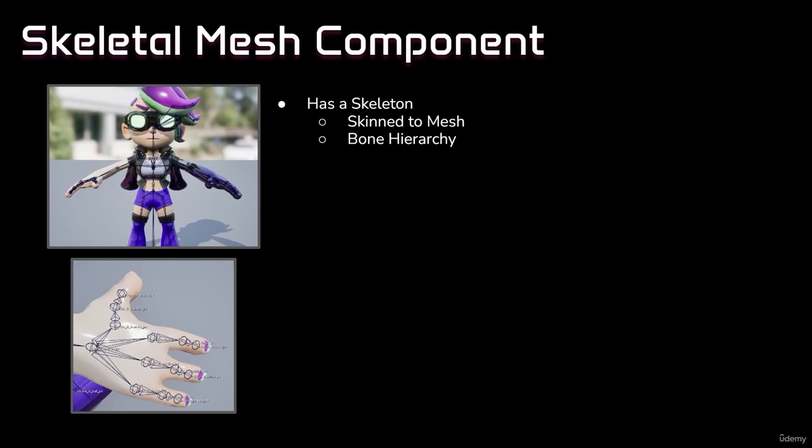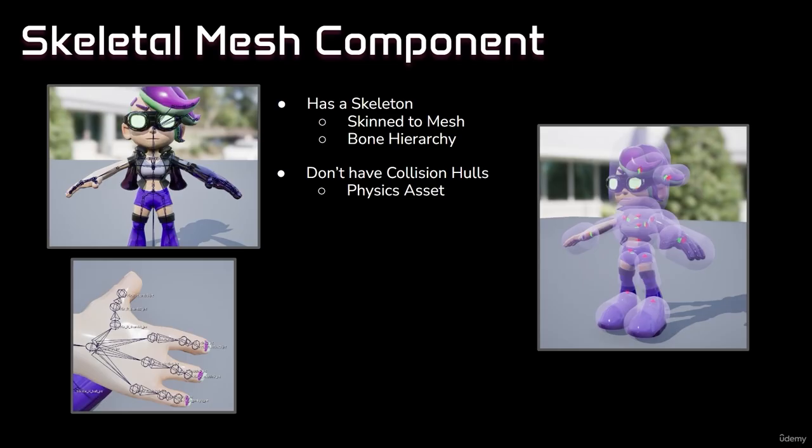Now, skeletal mesh components do not have collision hulls. That's not to say that they don't have simple collision. Their simple collision comes in the form of a special type of asset called a physics asset. A physics asset can have multiple collision shapes, and these are attached to various bones, so when a bone moves, those collision shapes can move with it.